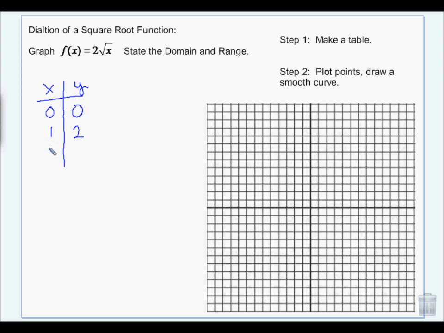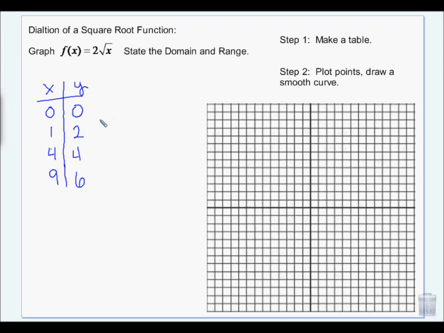So I'm going to pick 4. Square root of 4 is 2 times 2 gives me 4. And then I'll pick 9 because that's the next perfect square. Square root of 9 is 3 times 2 is 6. Okay, and you'll also notice I didn't pick any negative x's because I can't take a negative square root.